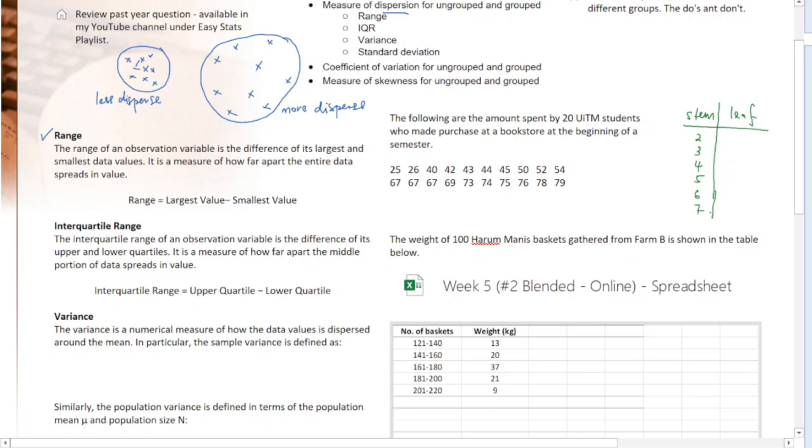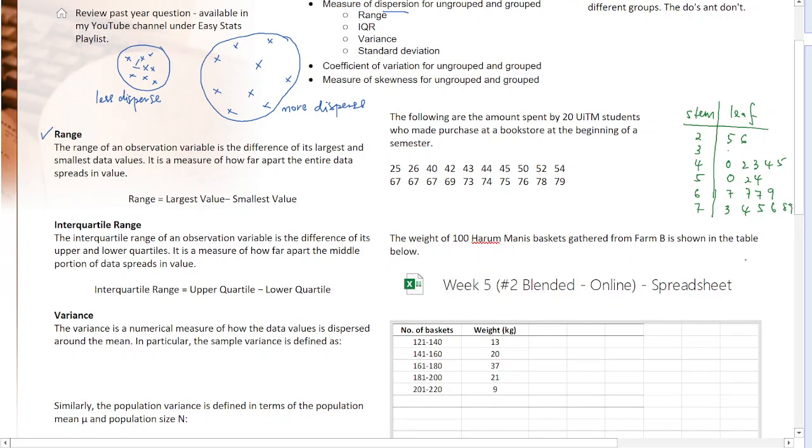Then you have the leaves: 5, 6; then 0, 2, 3, 4, 5; then 0, 2, 4; then 7, 7, 7, 9; and lastly 3, 4, 5, 6, 8, 9. Okay, so that is the stem and leaf.